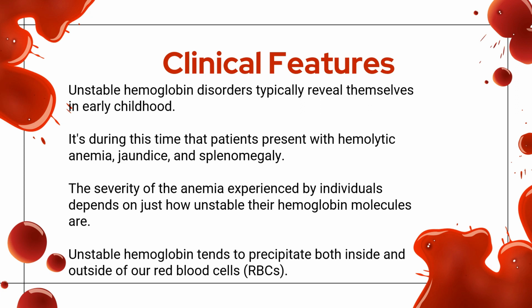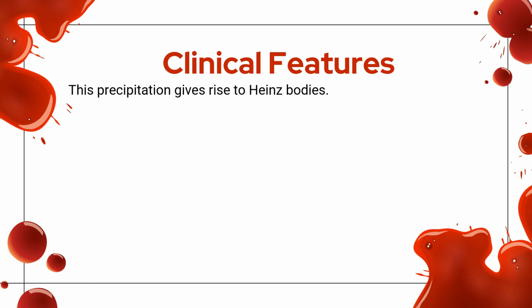Here's an intriguing twist: unlike normal hemoglobins, unstable hemoglobin tends to precipitate both inside and outside of our red blood cells. It's like a dance between our genetic makeup and external factors like drug intake, heat, or cold. This precipitation gives rise to unique structures called Heinz bodies, fascinating formations within the RBCs.